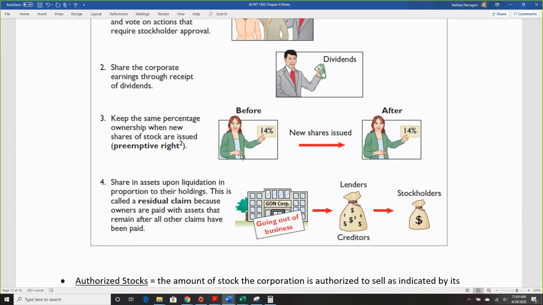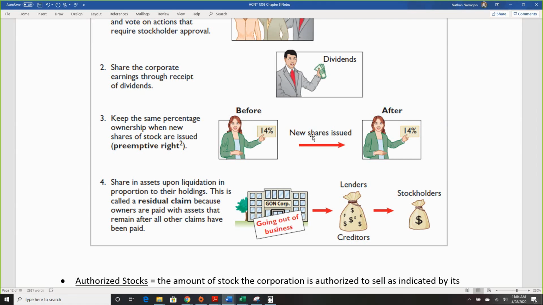When new shares are issued, the company is going to go to the stockholders and ask, would you like to purchase, to keep your percentage of the company? They get first dibs. Usually they'll say yes, and keep their percentage. Or they can say no. It's up to them. But it is a preemptive right and they get first dibs.